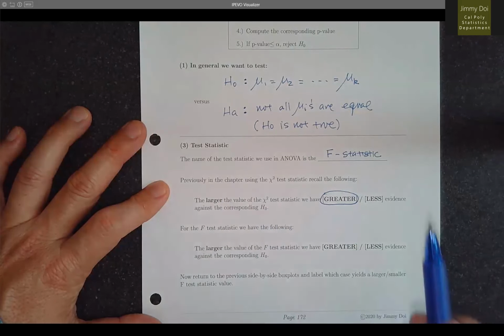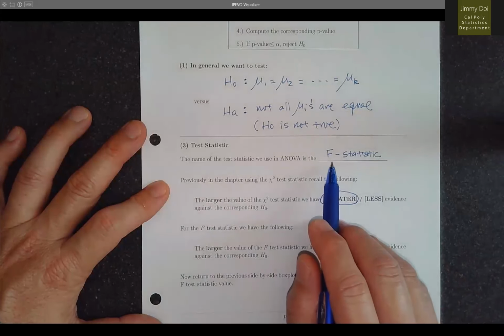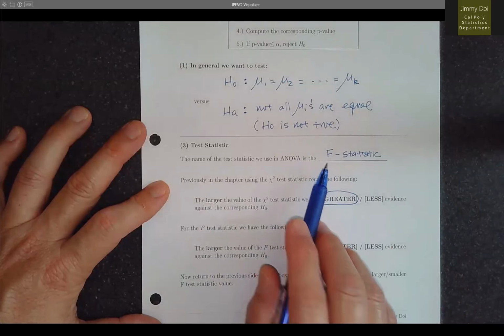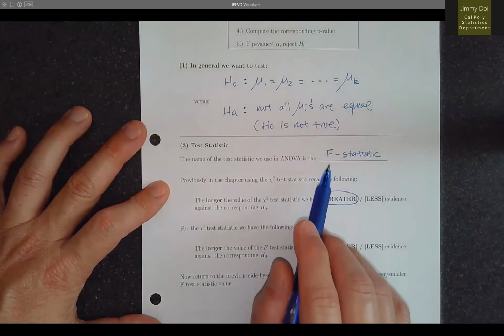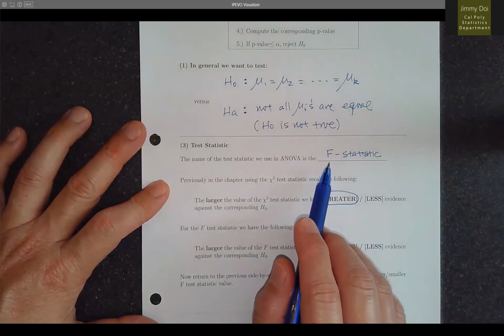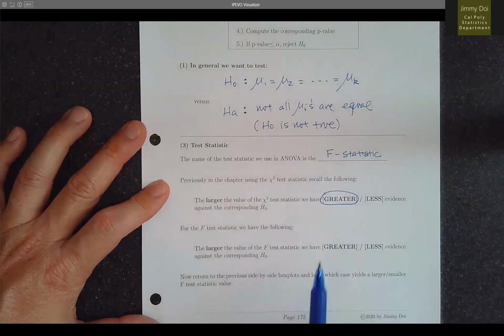Well, you'll have to take my word on this. There's a formula in the book that will show that this is true, but the minimum value of the F statistic is also 0. It turns out that the F distribution, when you look at its shape, is very much like chi-square in that it tends to be right skewed, positively skewed, right?